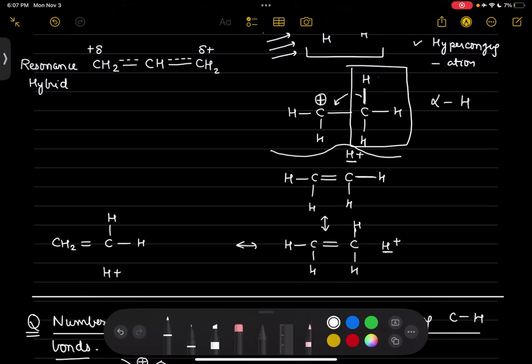All the 3 participated because they were just adjacent to the C plus. Got it? Yes, sir, they participated in the hyperconjugation.